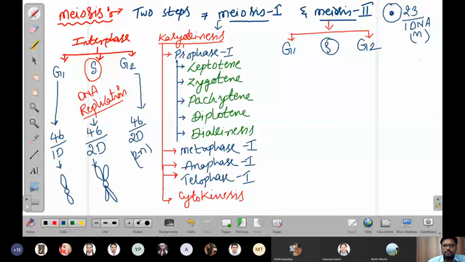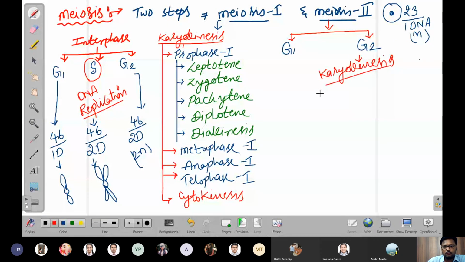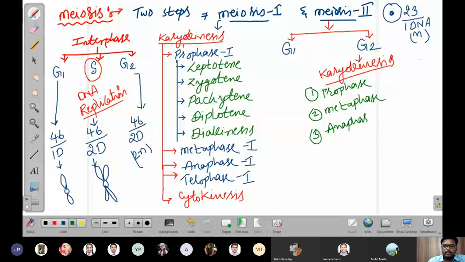So after G2, the cycle entered into karyokinesis, which is again divided into prophase, metaphase, anaphase, telophase, and all these are indicating 2 because it is meiosis 2.